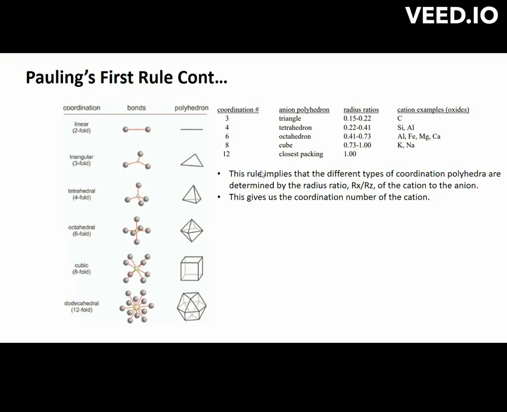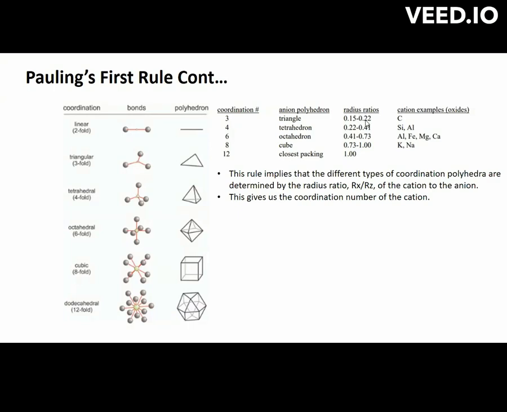So this rule implies that the different types of coordination polyhedra are determined by the radius ratio of the cation to anion. These anion polyhedra are determined mainly by the coordination number, and this coordination number is also determined by the radius ratio.